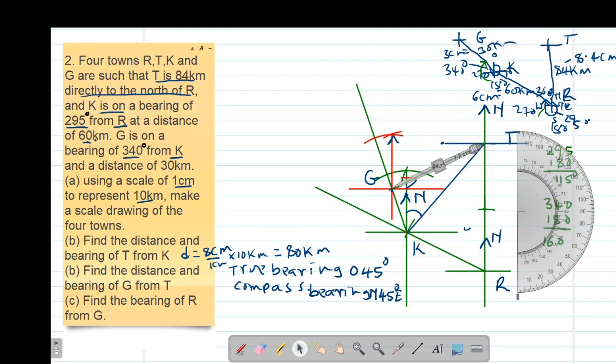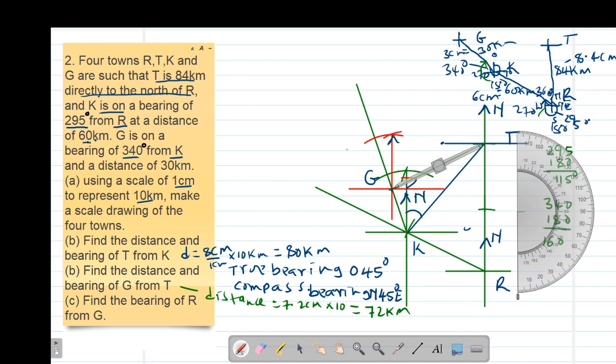So it is actually 7.2 centimeters. So the distance is 7.2 centimeters. Then you convert back to the units of the question. The scale was 10, so this is actually 72 kilometers. Then the bearing of G from T.